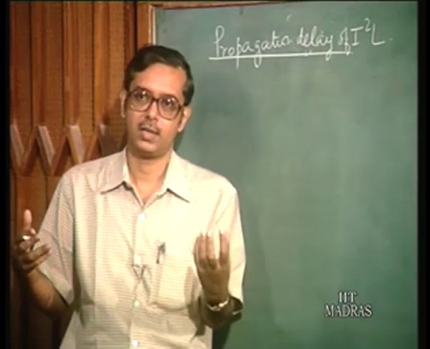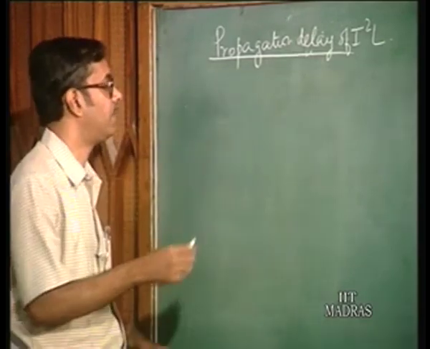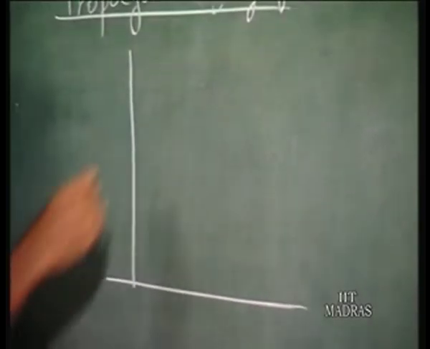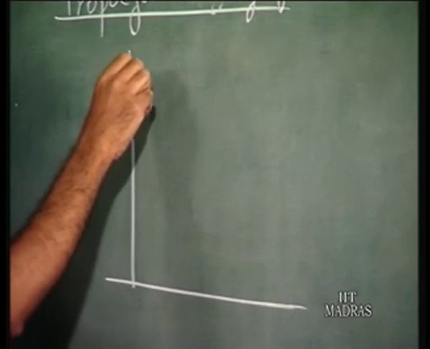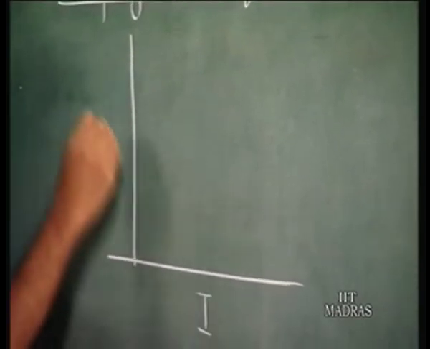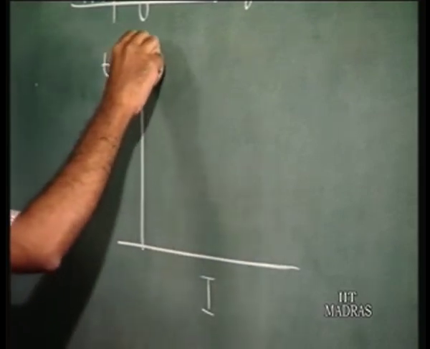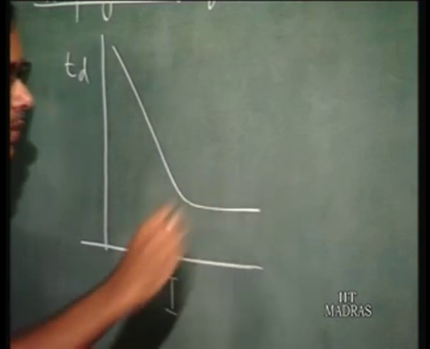We have already seen in a bipolar transistor that if you take the current and the delay, and increase the current initially, the delay falls and then it saturates.